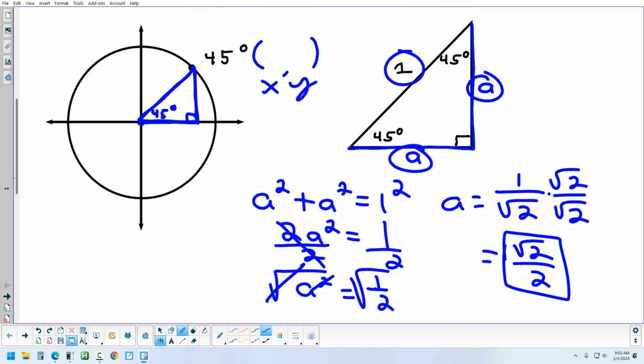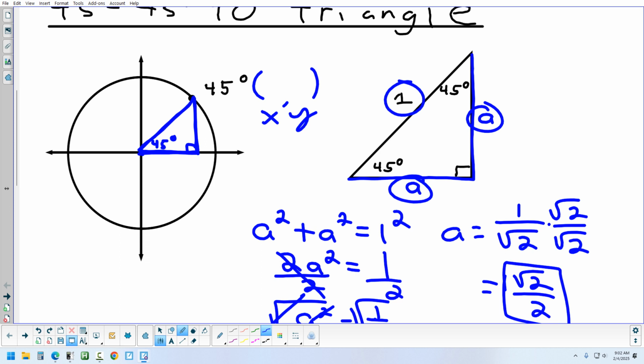All right. So how long is the base of my triangle? Square root of 2 over 2. What's the height of my triangle? Square root of 2 over 2. So now let's translate that into a coordinate. What's the x value for the coordinate of 45 degrees? Square root of 2 over 2. Yep, it's how far to the right you have to go, which is the base.